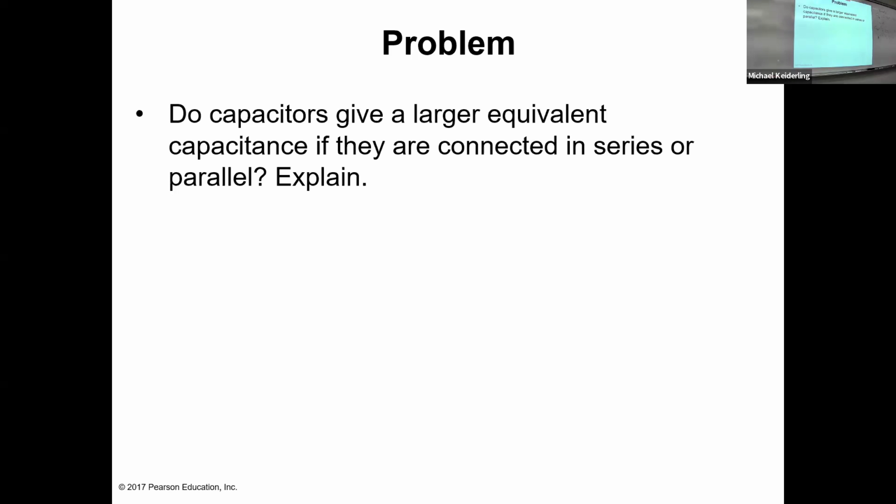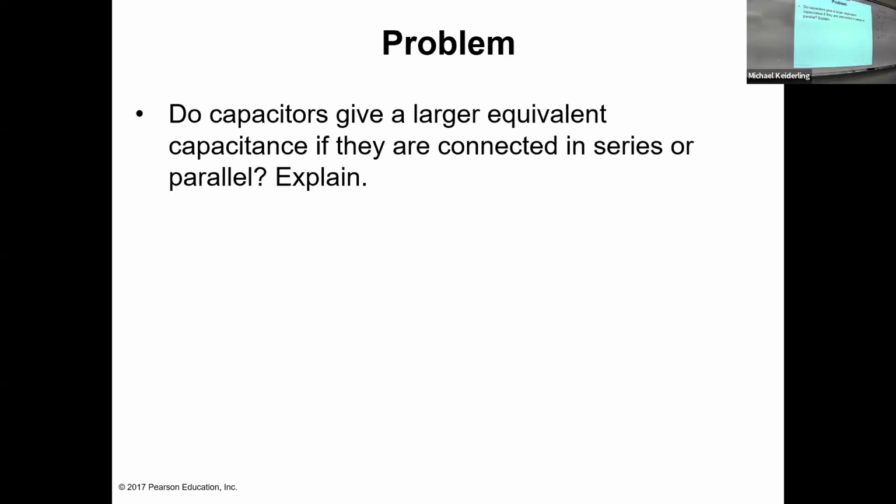Which way is going to give you the bigger capacitance? Series or parallel? That would work with resistors. It's the other way around. It's in parallel. Because when you put them in parallel, they just add. When you do series, you'll actually always get something smaller than the smallest capacitance.